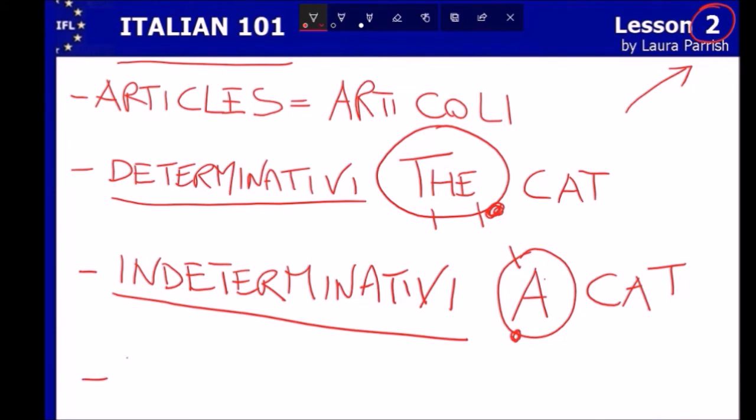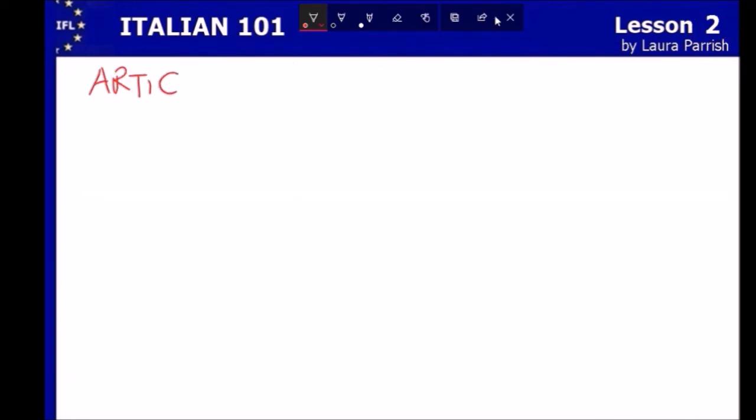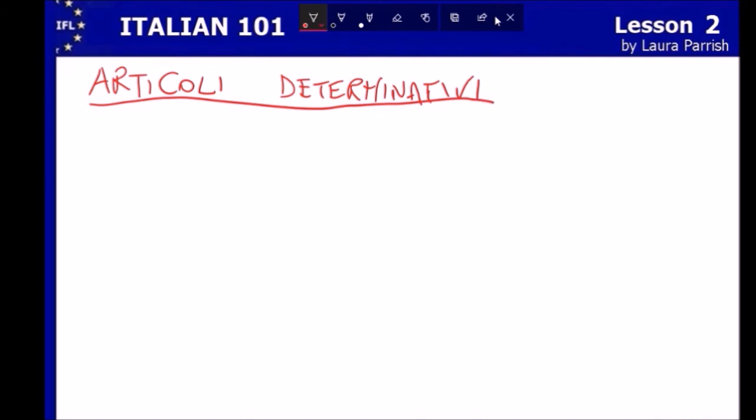We're also going to study i numeri, numbers in Italian, okay? Articoli determinativi. Those articles are called determinative because they determine an object.